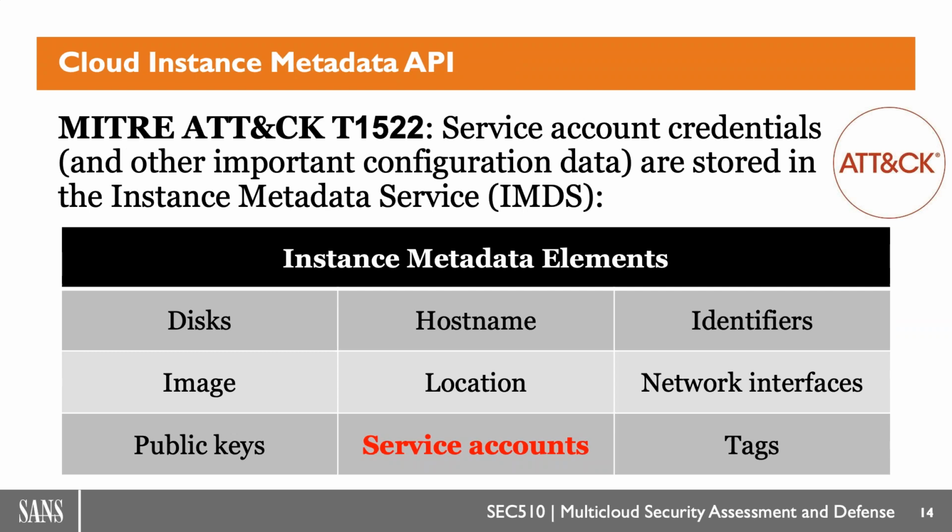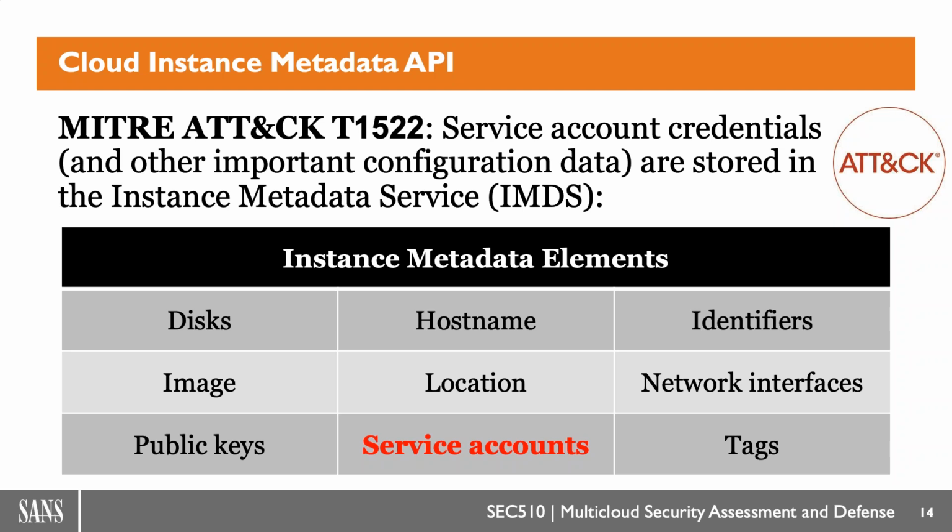Ultimately, in AWS you've got instance profiles. In Azure, you have to maybe go look for managed identity. In GCP, it's called the service account, which is probably the easiest one. All of those implementations have this centralized storage area on the virtual machine called the Cloud Instance Metadata API.